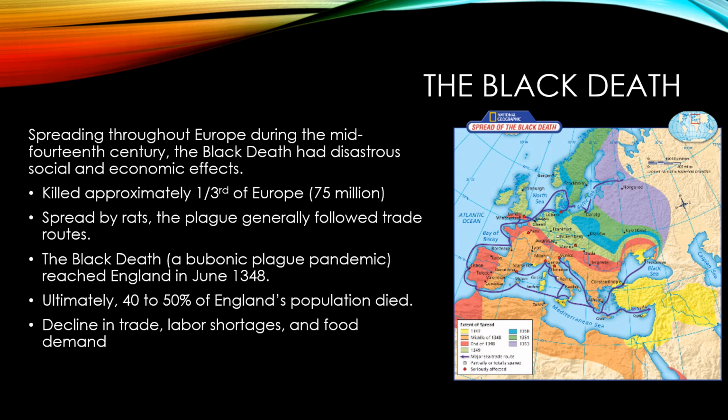The Black Death, and that would be, in this instance, the bubonic plague, which was a pandemic, reached England in June of 1348. Ultimately, 40 to 50% of England's population died, and there was a decline in trade, labor shortages, and food.